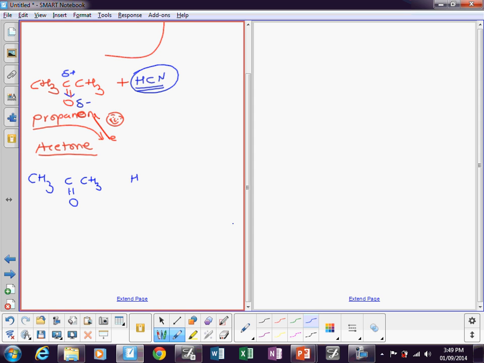Here, HCN, can I write H plus and CN minus? They are called attacking reagents. Now, the attacking reagent does something. We know about this pair being pulled.